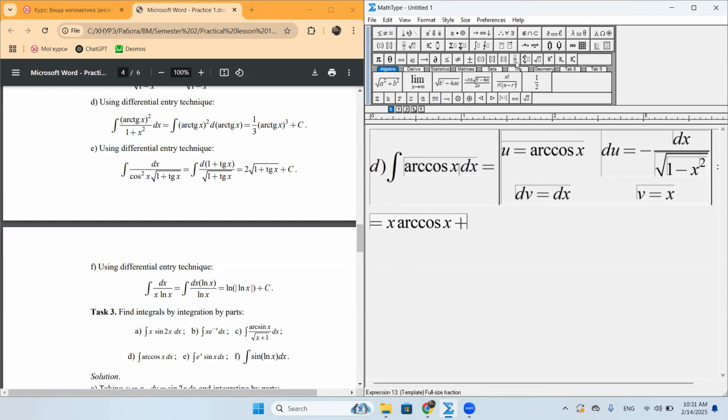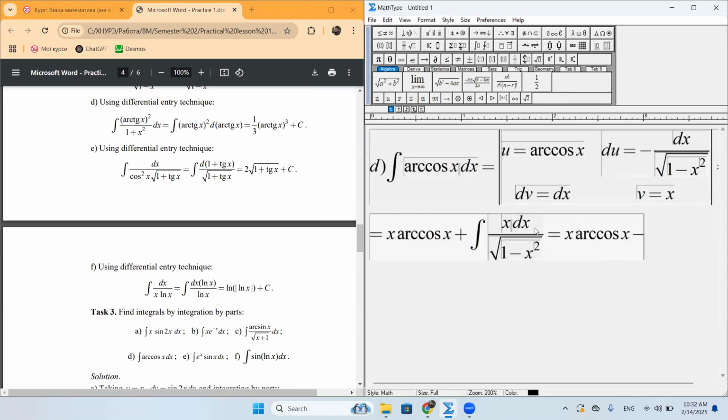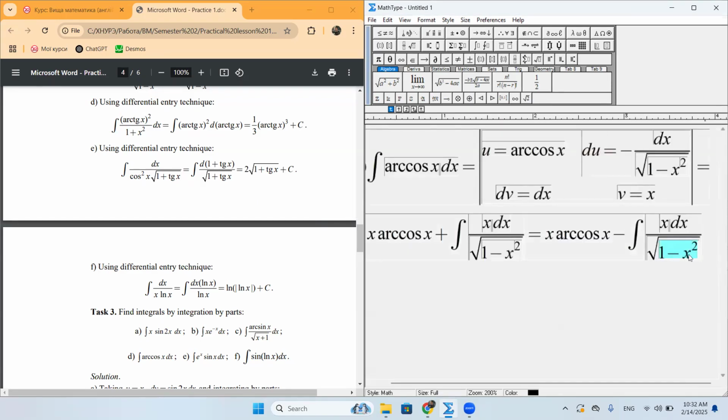Plus this, yeah, and x dx. And now we will use the differential entry technique for this integral that we received. So minus the following differential.